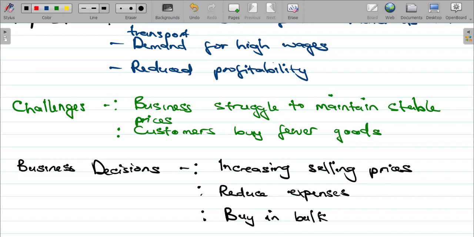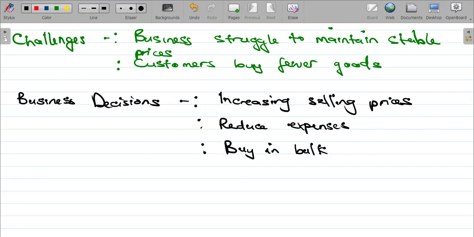An example would be a bakery that increases bread prices due to rising flour and electricity costs, right?